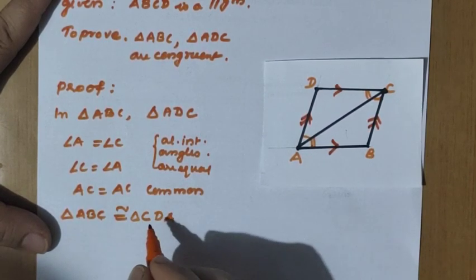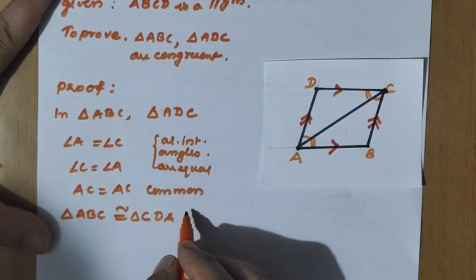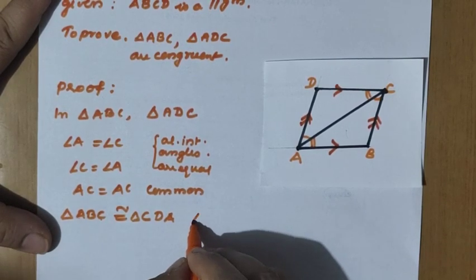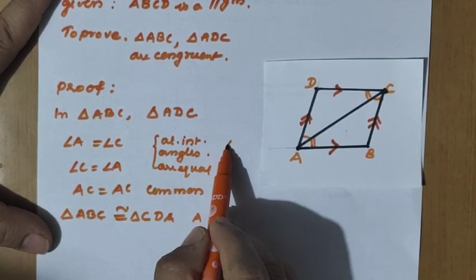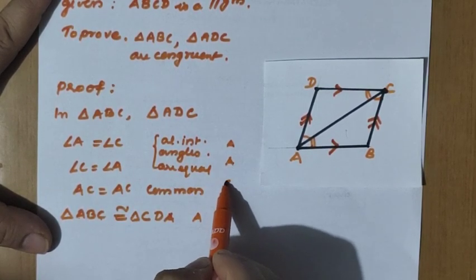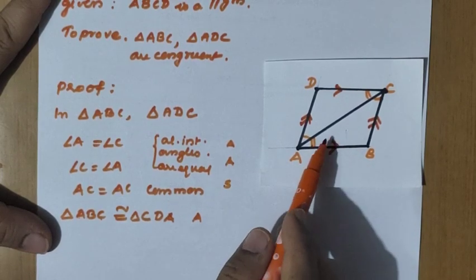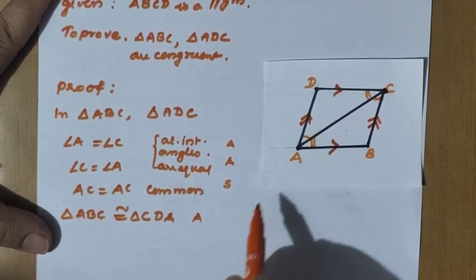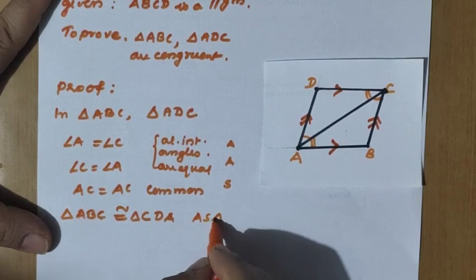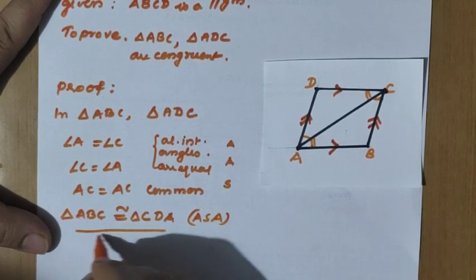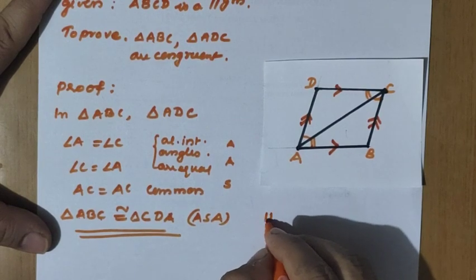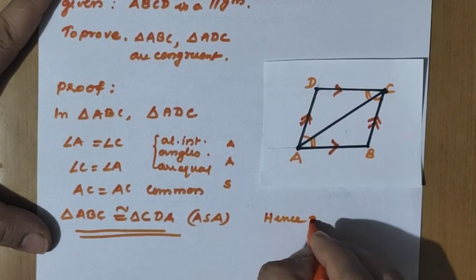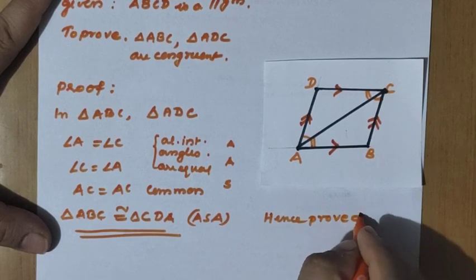So we got triangle ABC congruent to triangle CDA by, okay, which criteria? How can we check? Angle and the side, because A and C are on the same side, the included side. ASA criteria, these two triangles are congruent, hence proved.